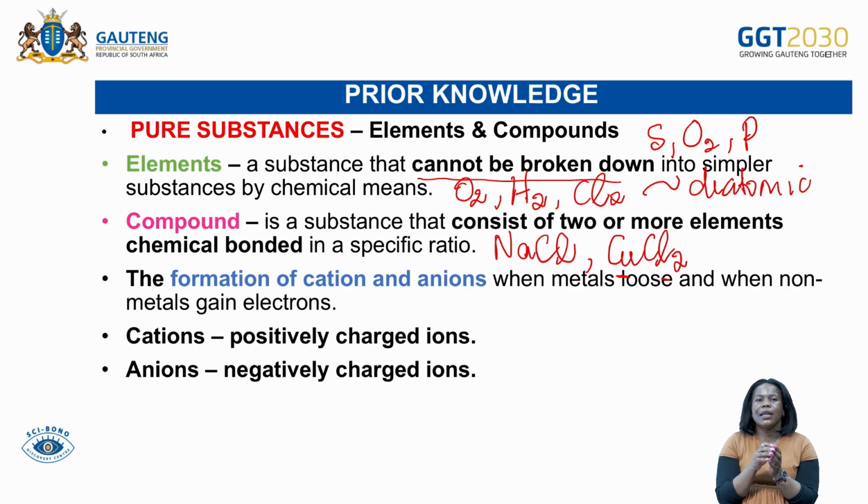And where those electrons are gained, that compound is then going to be what? Negatively charged, because it has more electrons as compared to the protons. All right. So this is just a quick recap on grade 10 work, which is the basic knowledge that we're going to need for today's lesson.